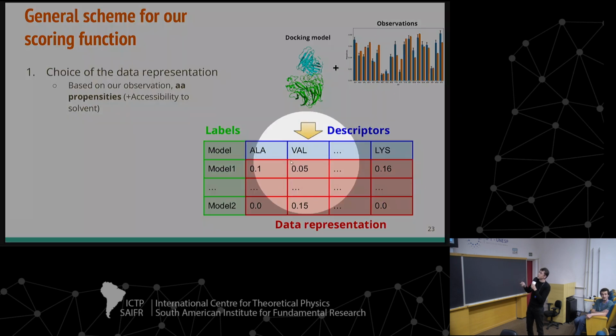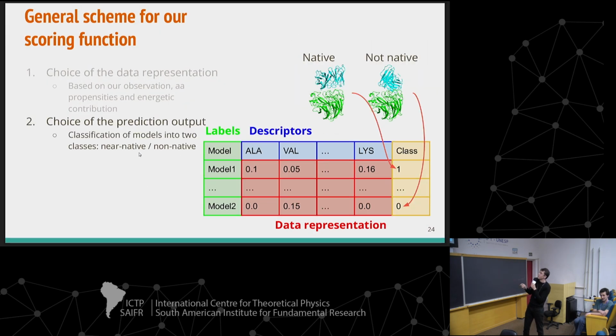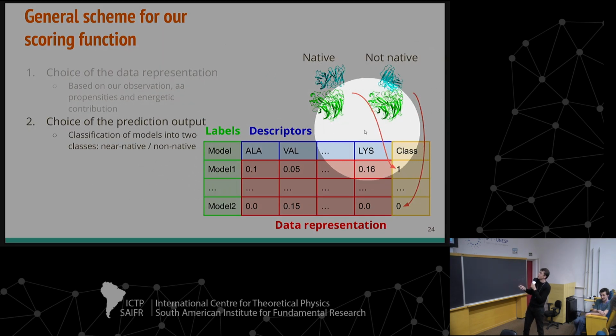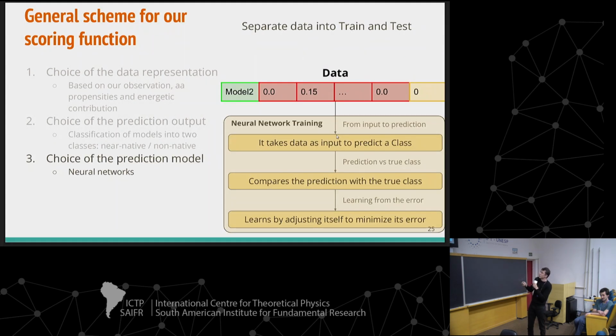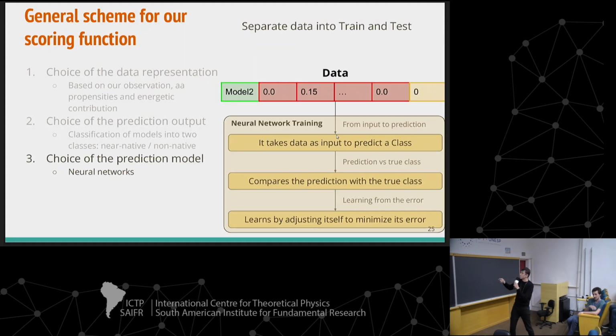The representation is based on our observations, so we're going to use amino acid frequencies at the interface as a feature vector, and also accessibility to the solvent. Then we choose a way to predict. It's a classification task here, predicting between native and non-native. And finally, we choose the actual scoring function.